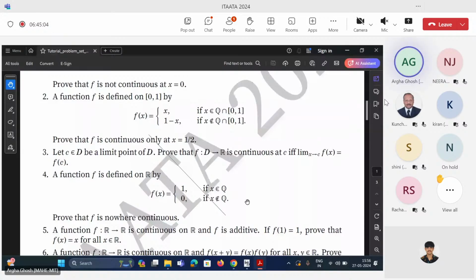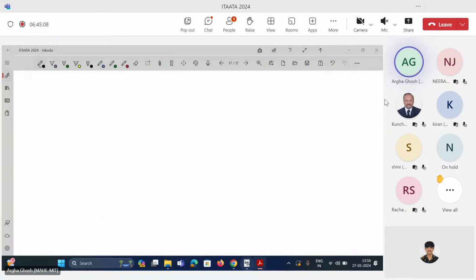Okay, so let's continue to solve that if it's continuous at half. So we have a function f(x) which is x if x belongs to the rational numbers intersection (0,1), and 1 minus x if x does not belong to this set.